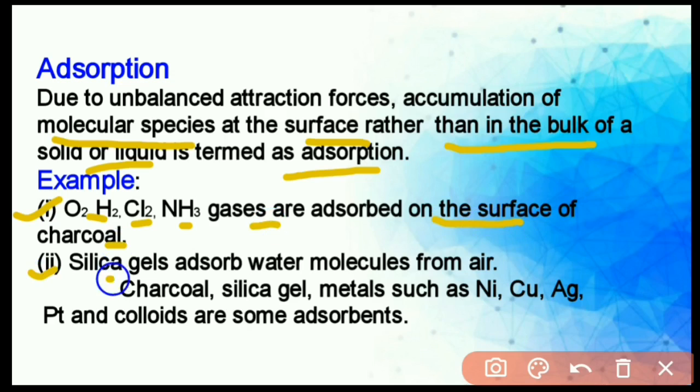Next, silica gel adsorbs water molecules from air. Charcoal, silica gel, metals such as nickel, copper, silver, platinum, and colloids are some adsorbents.